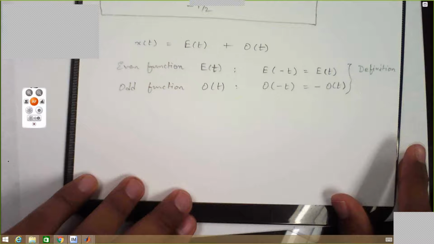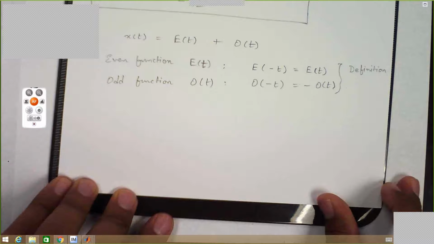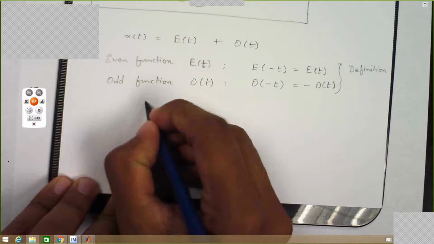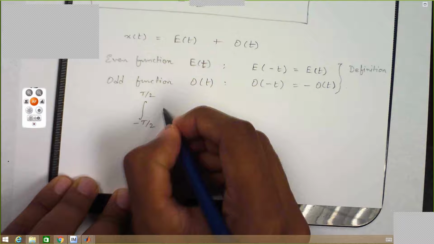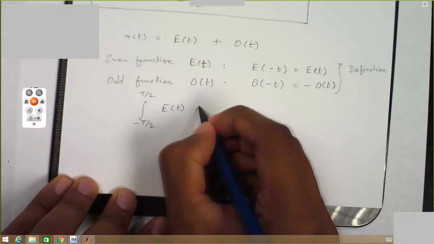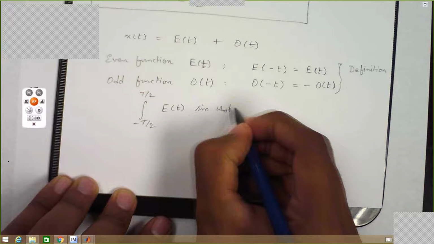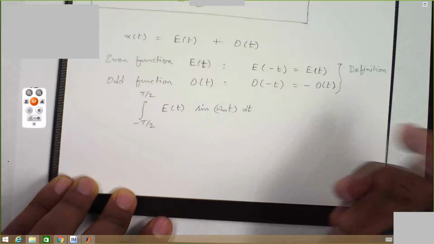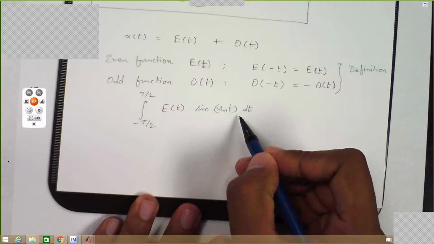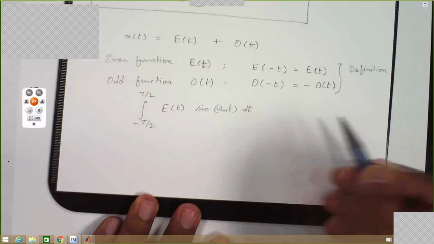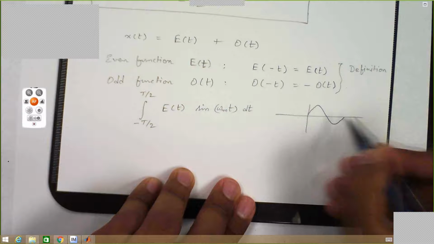Using that, we can see that if we are integrating from minus T by 2 to T by 2 an even function times sine of omega mt, then the resulting integrand is an odd function, because sine itself is an odd function. The sine function looks like this.